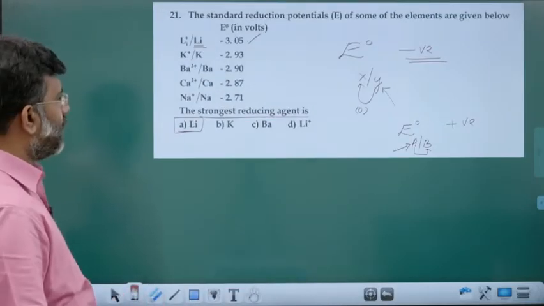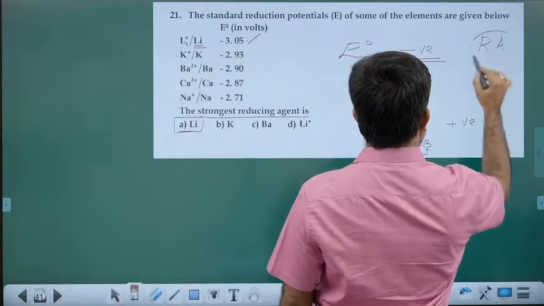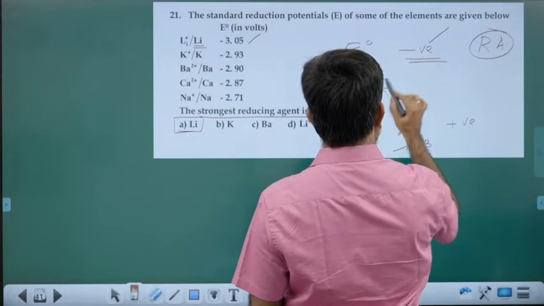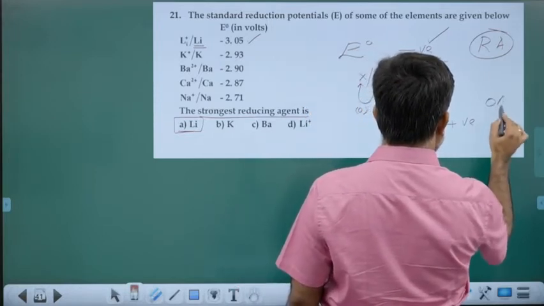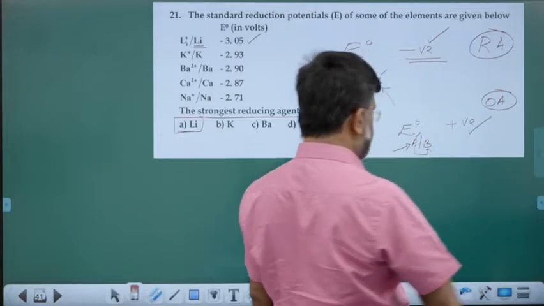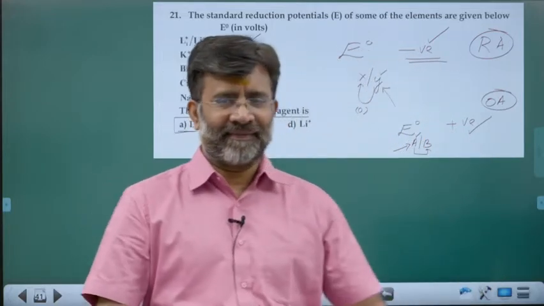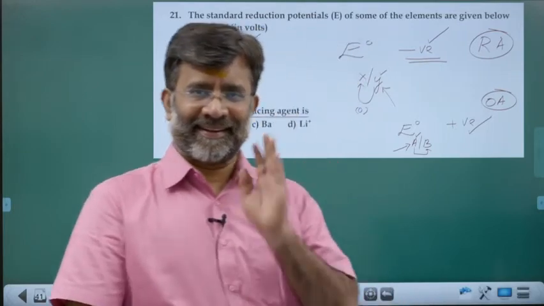If you are selecting a reducing agent, go for a high negative value, select this species. If you are going for a strong oxidizing agent, go for a high positive value, select this species. Okay? Can we go to the next question?